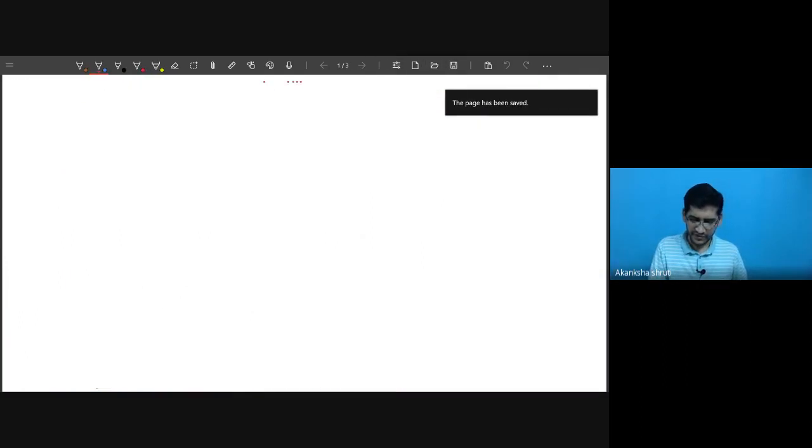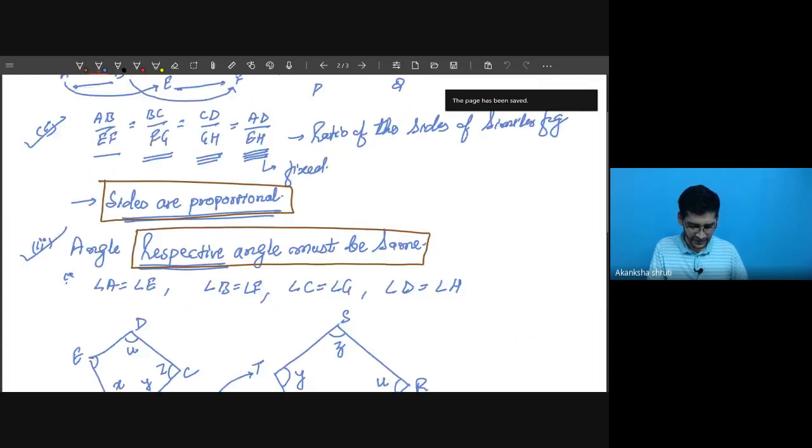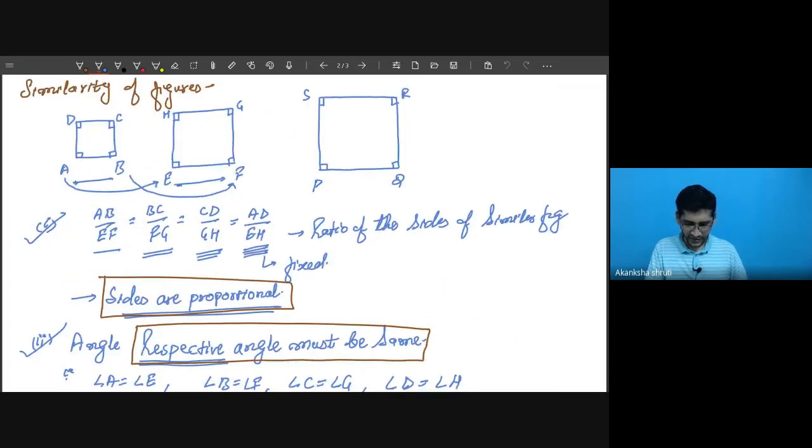Now, the other point that can be concluded: all the squares, they are similar, but they are not congruent. Based on the same thing, let me write a few important points. So what are the conclusions? These conclusions are asked in your MCQs.